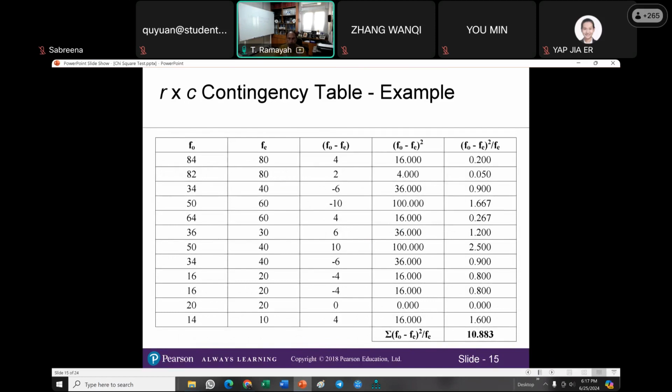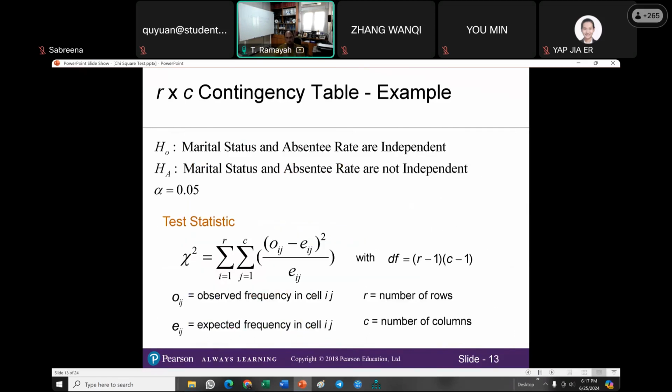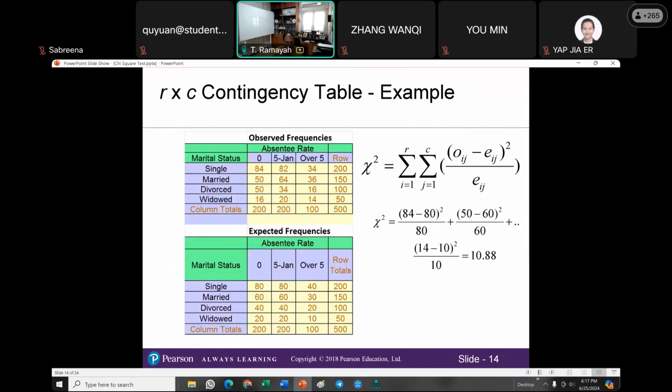So now what we need to do is first, we need to calculate the EIJ. EIJ is the expected value. So the expected value for the first cell is 200 times 200 divided by 500. So you get 80.